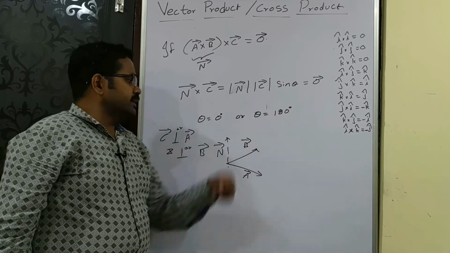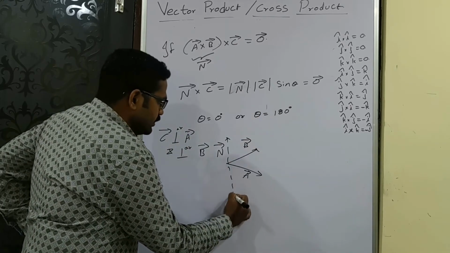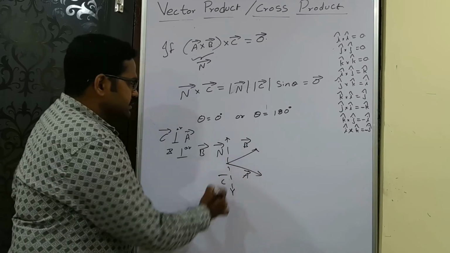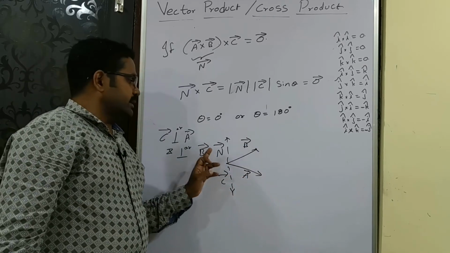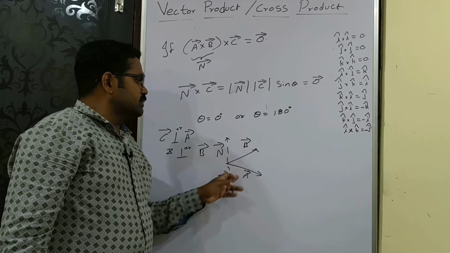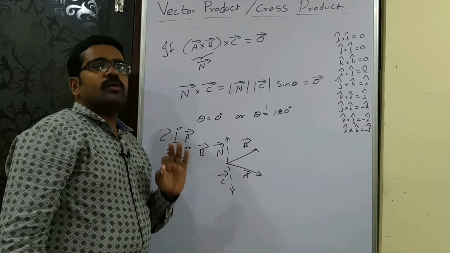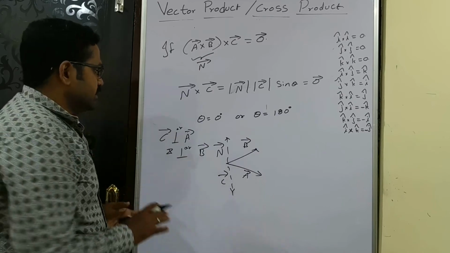Or if it is 180 degrees, then vector C is also perpendicular, but the direction is not along vector n, the unit vector of these two's multiplication. It is just the opposite direction. You need to understand this.